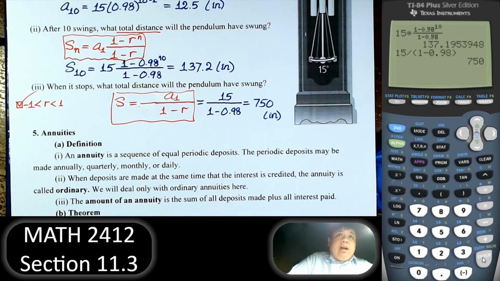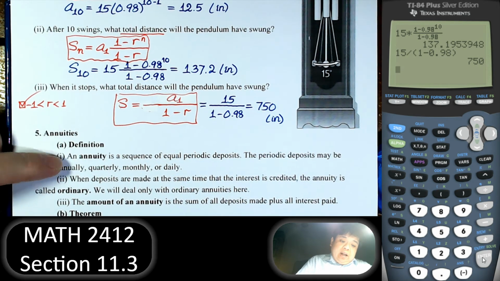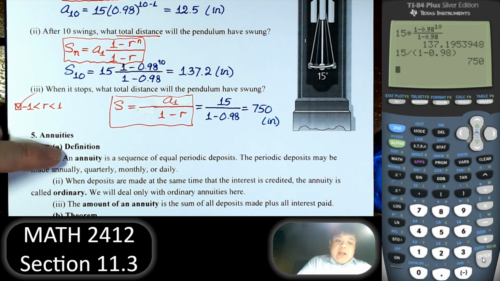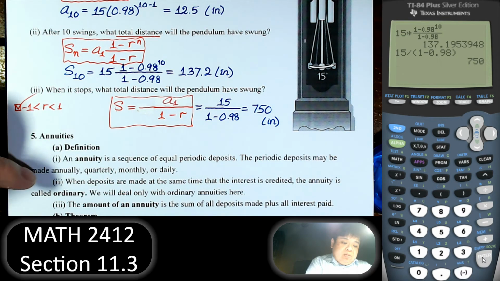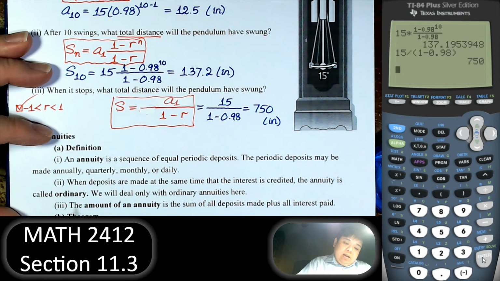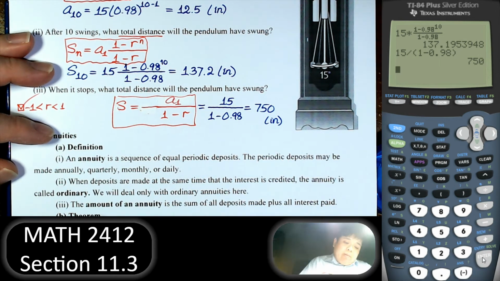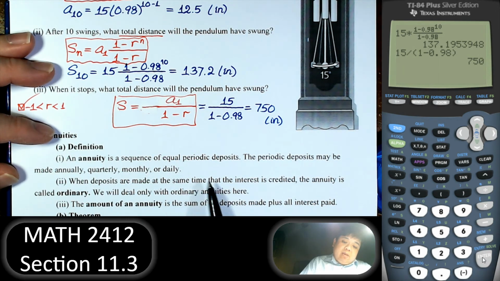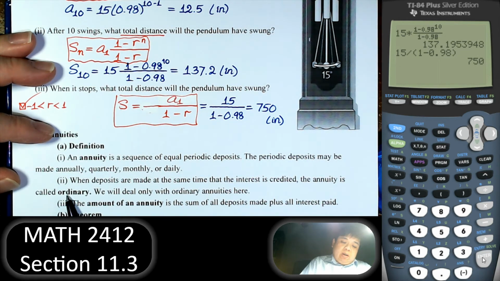Right, we have one more business application. Annuity. An annuity is a sequence of equal periodic deposits that may be made annually, quarterly, monthly, and so on. When deposits are made at the same time that interest is credited, the annuity is called ordinary.